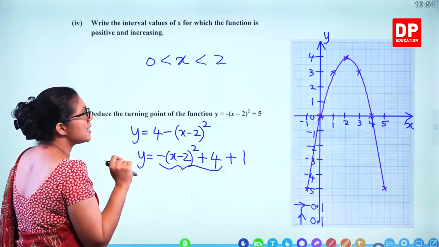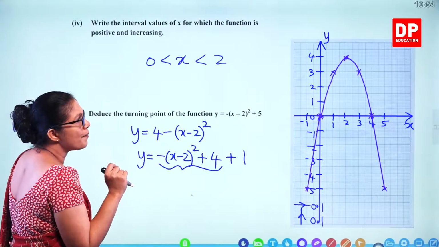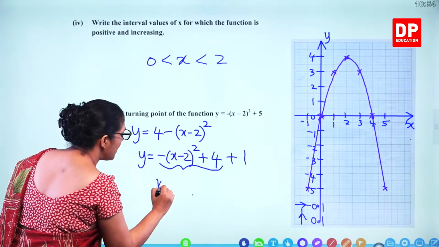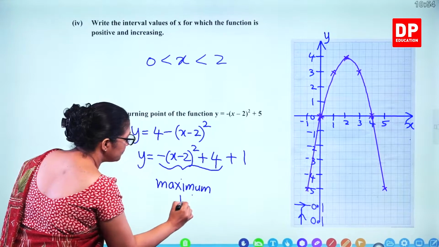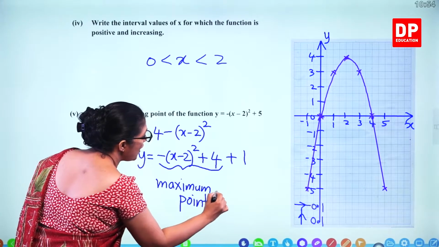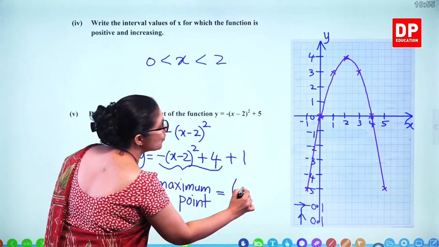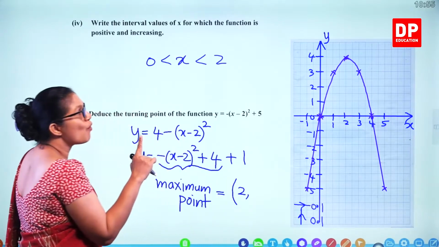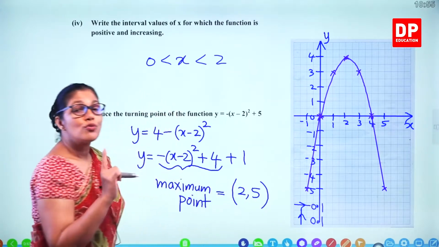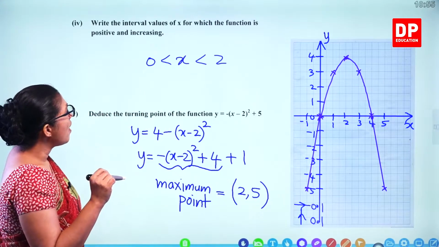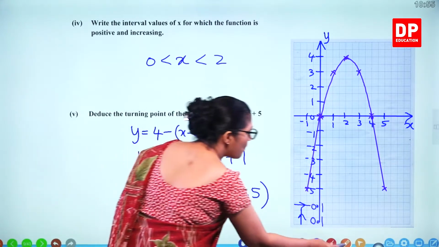So what is the maximum point now? Maximum point becomes, or the turning point becomes, same x value as before, that's 2, but 4 becomes 5 now, adding 1 to y value. So 2, 5. So how many marks?